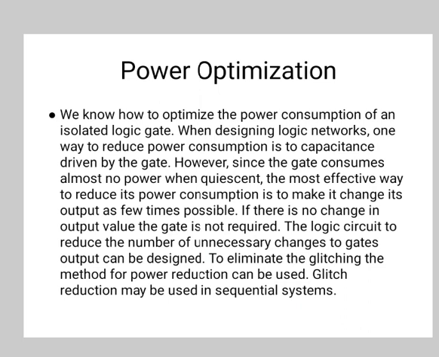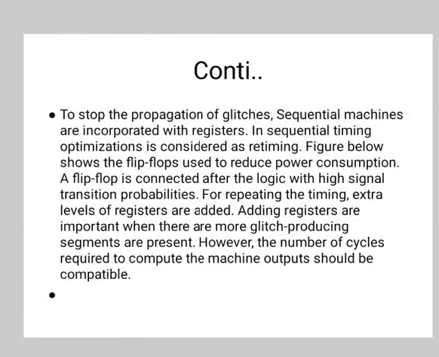This is a method for power reduction which can be used. Glitch reduction may be used in a sequential system. To stop the propagation of glitches, sequential machines are incorporated with registers. In sequential timing, the optimization is considered as retiming.